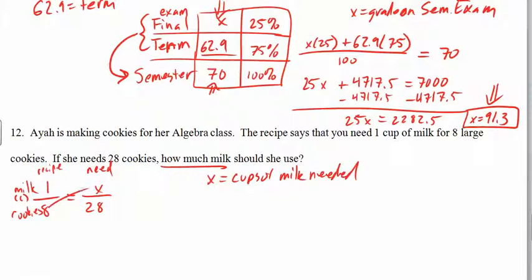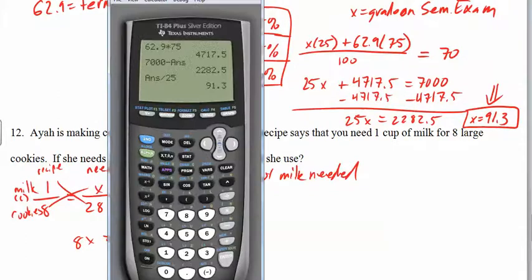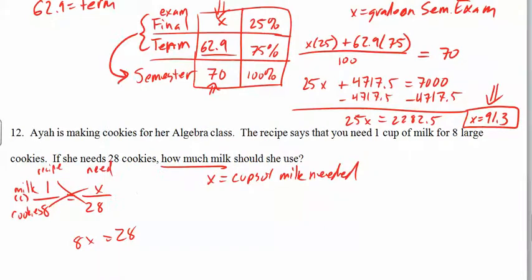Okay, we solve. We got 8x equals 28. We take both sides and divide by 8, so 28 over 8. We'll divide both sides by 8, and we get 3½ cups.